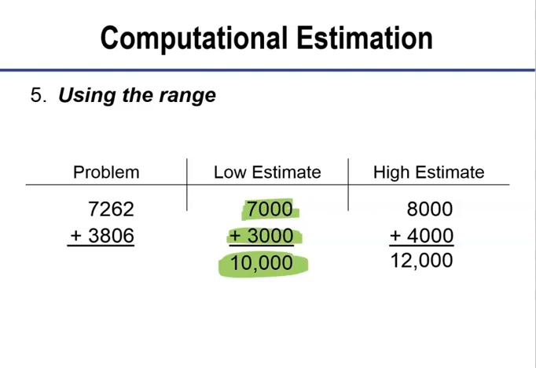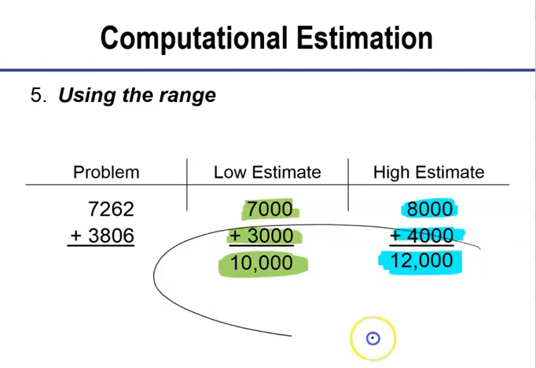But the highest the answer could ever be is, let's round up, right? 7,000 rounded up would be 8,000. And then 3,800 rounded up would be 4,000, which gives us 12,000. Now we absolutely know our answer has to lie between 10,000 and 12,000.